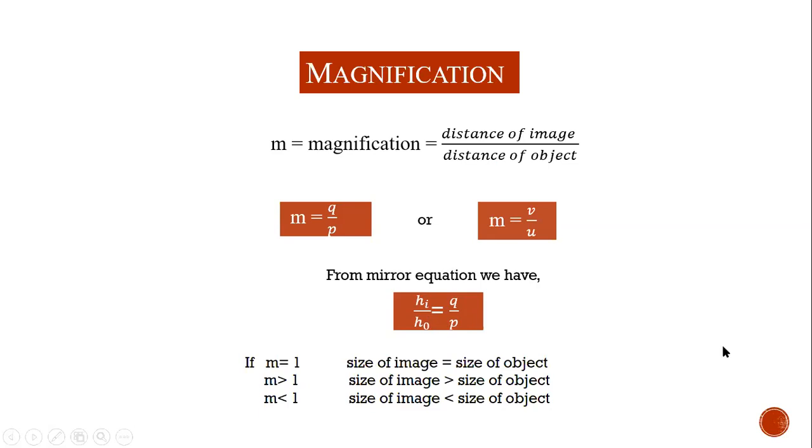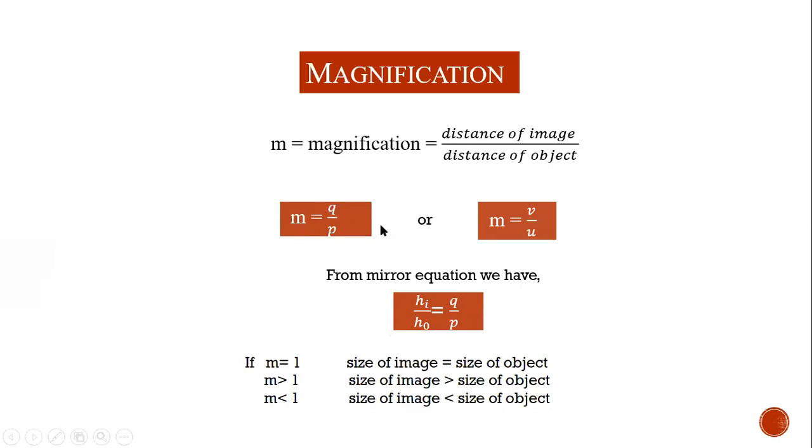Now, you need to note this point too, just to conclude your results in the word problem. If magnification is 1, the size of the image is equal to the size of the object. If magnification is greater than 1, the size of the image is greater than the size of the object. If magnification is less than 1, then the size of the image is less than the size of the object.